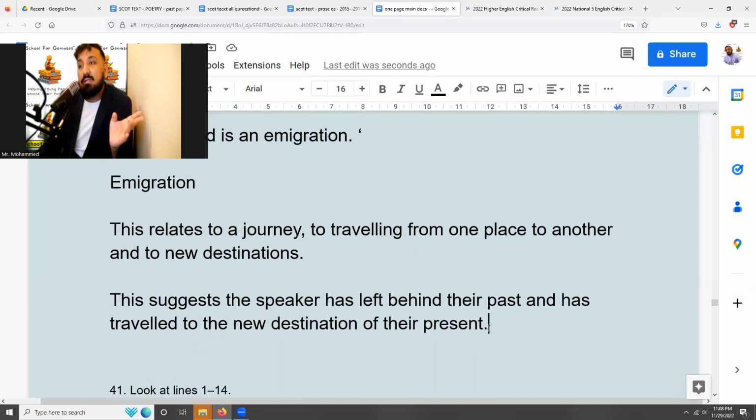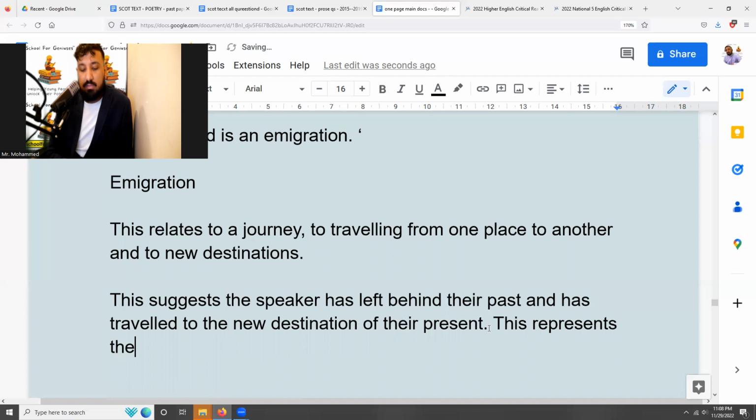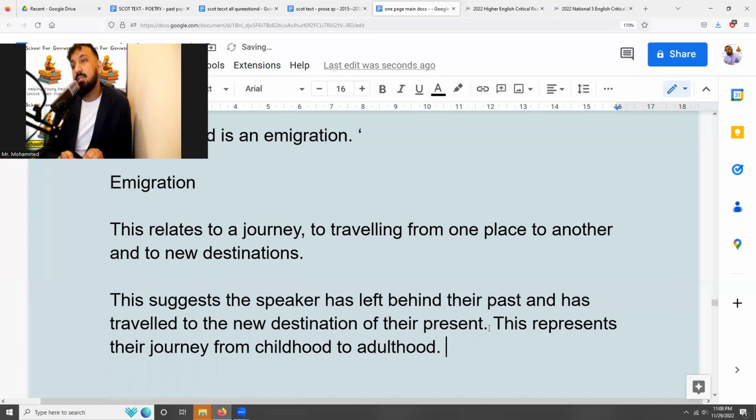That's it. Now, if I wanted to make sure I got the mark, I could just mention this, but you don't have to. I've already got one mark there. This represents their journey from childhood to adulthood. I wanted to make it very, very clear and to make sure I get the mark, I could just add that.